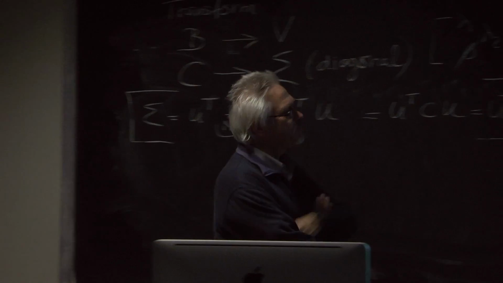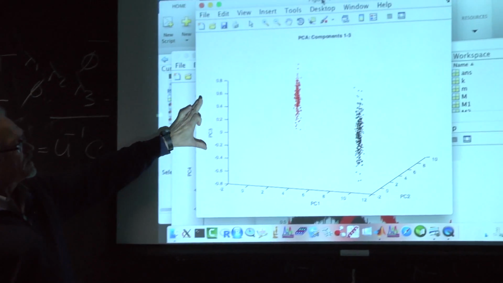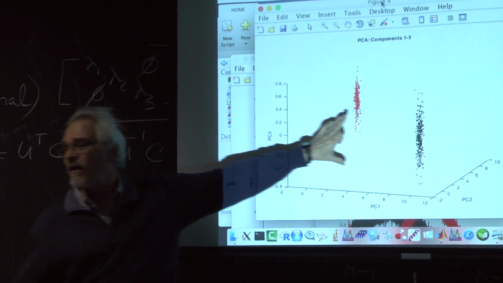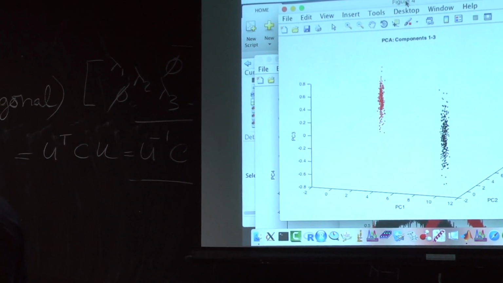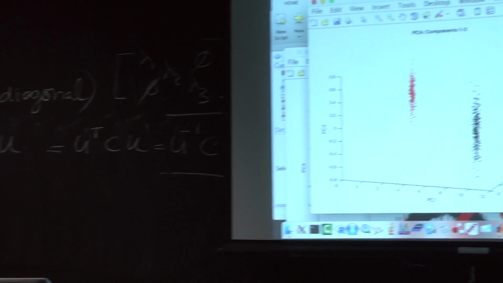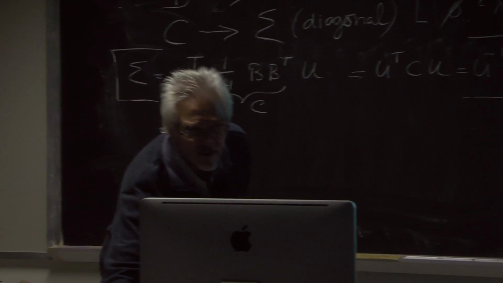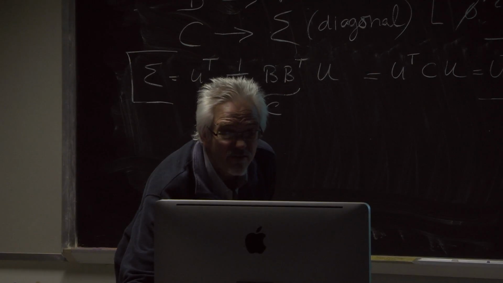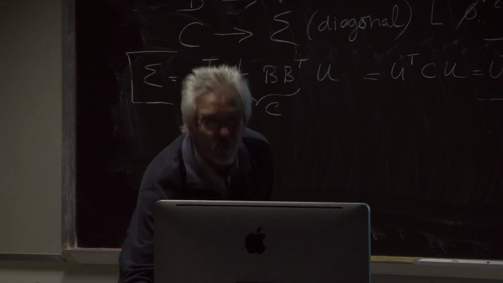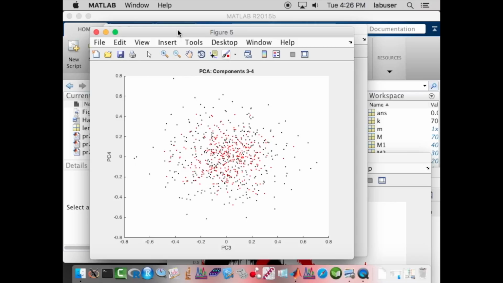Because if you were looking across this axis, you would have a hard time really distinguishing the two. So 1 and 2 really do a good job. 3 really doesn't add much, and I'll show you even the ones for 3 and 4. If I just showed you the data plotted against components 3 and 4, you can see them because I color-coded them red and black, but you would not be able to distinguish them.